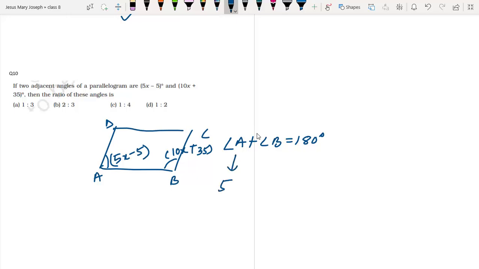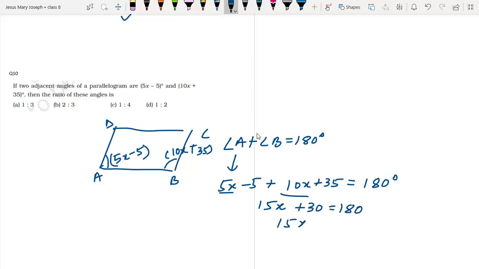A is 5x minus 5 plus B is 10x plus 35 is equal to 180. Now 5x plus 10x is 15x. Minus 5 and plus 35, it becomes plus 30, is equal to 180. So 15x is equal to 180 minus 30 is 150, x equals 10.